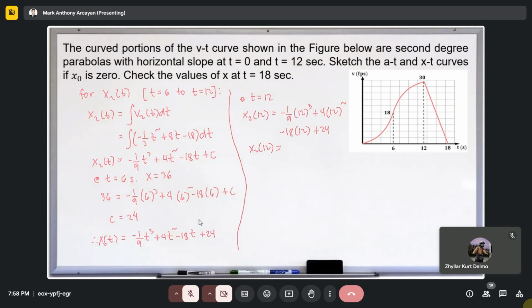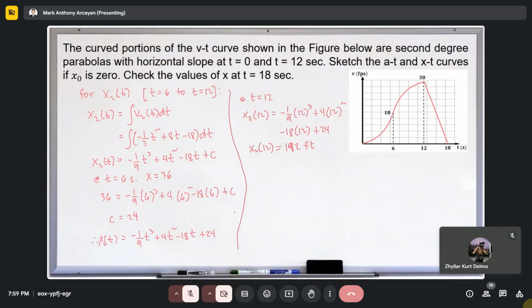We have negative 1 over 9 times 12 cubed, plus 4 times 144, which is 12 squared, minus 18 times 12, plus 24. The answer is 192 feet.